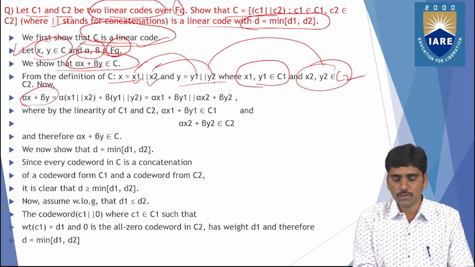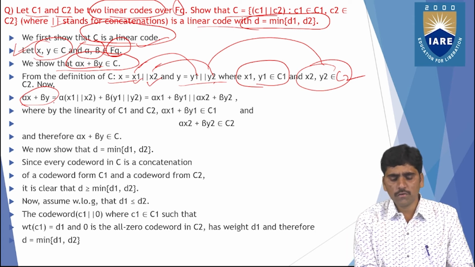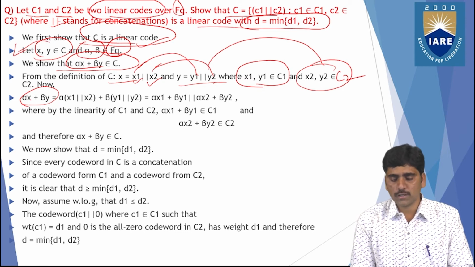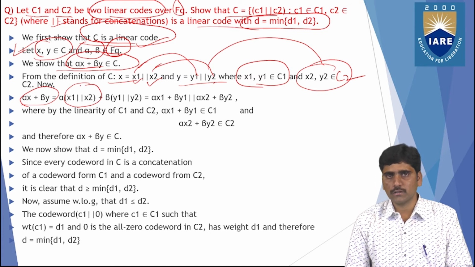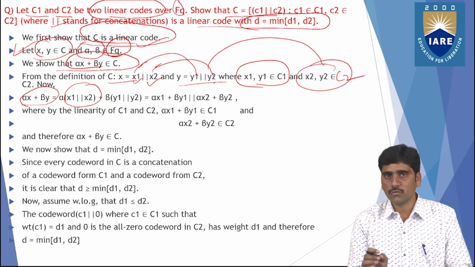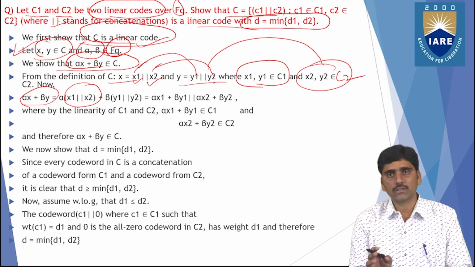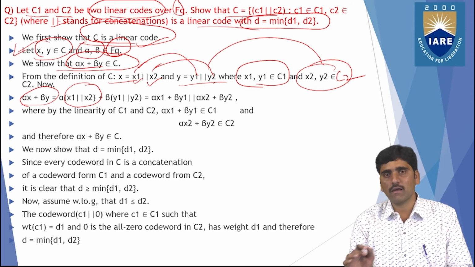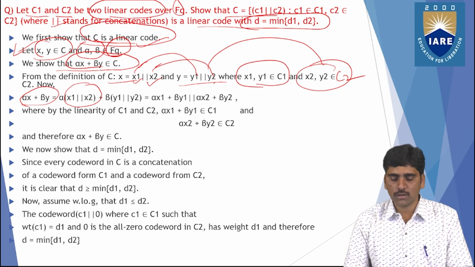So for that, what we need to see here: alpha x plus beta y equals alpha of x, where x is x1 or x2. You can take any of them. We are not going to write only x1 or only x2; we can write both x1 and x2 because x has both.